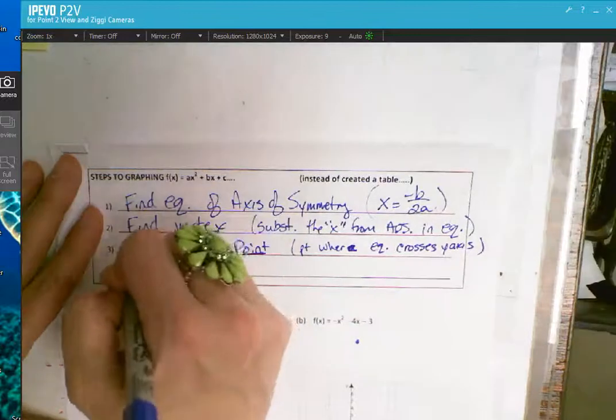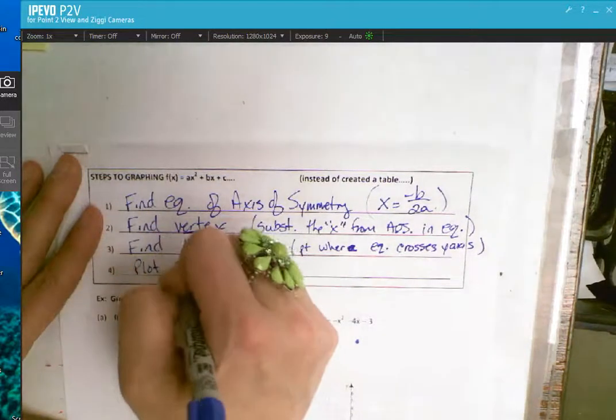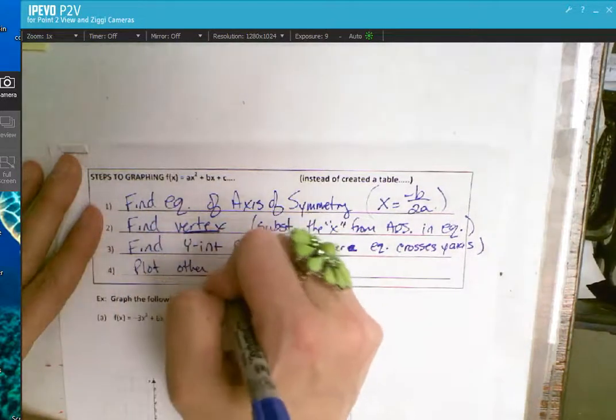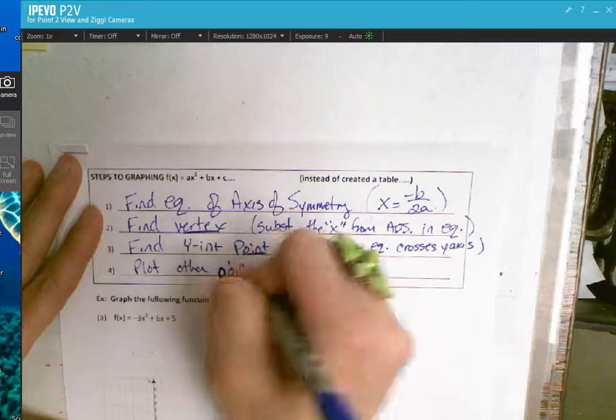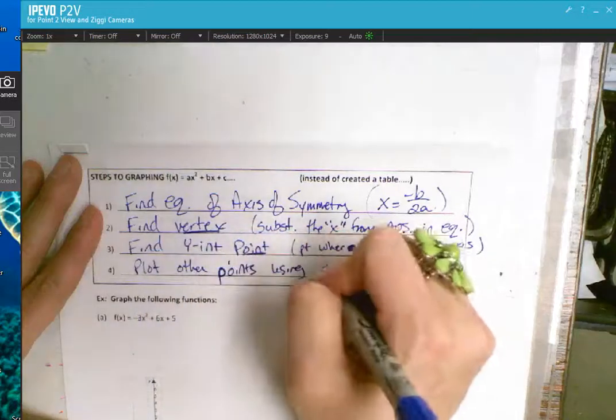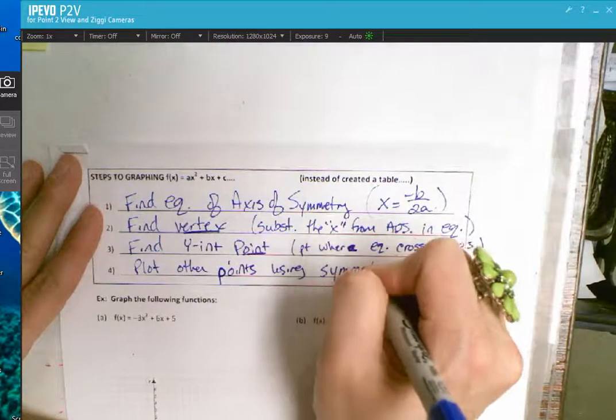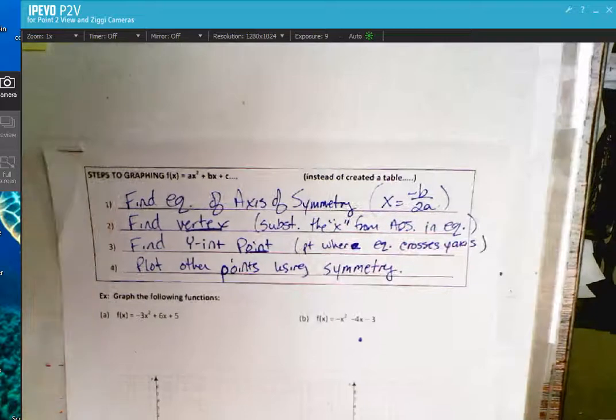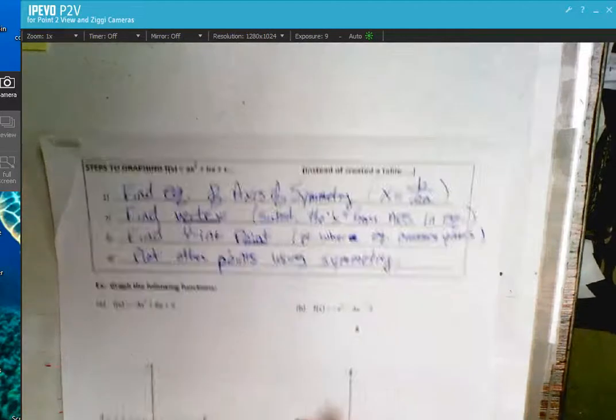And then we're going to plot other points using symmetry. So we'll see what that means. It's pretty easy.